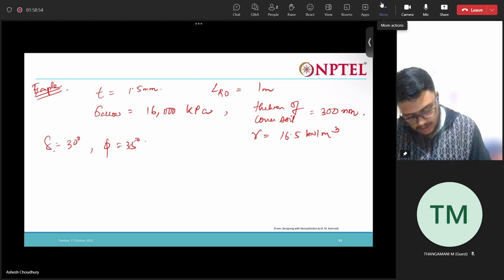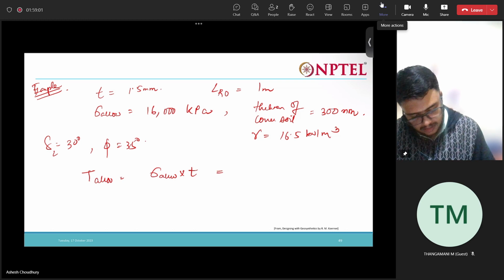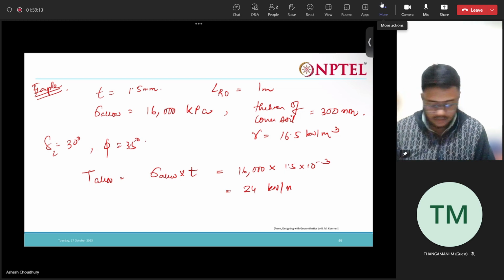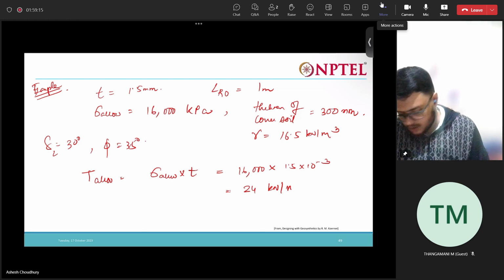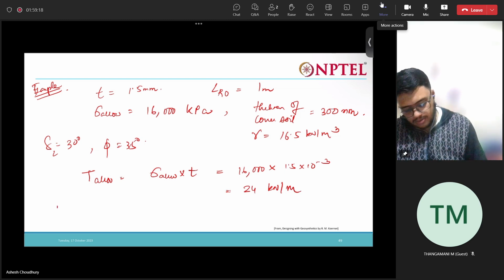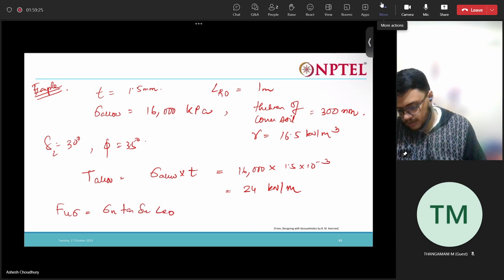So T allow again will be sigma allow into thickness. So sigma allow is 18,000 into the thickness. We want to do F upper delta.